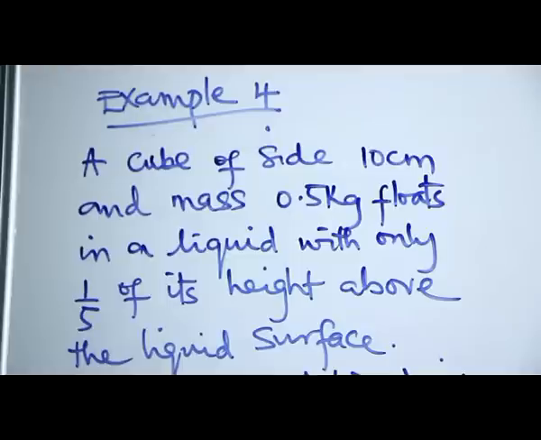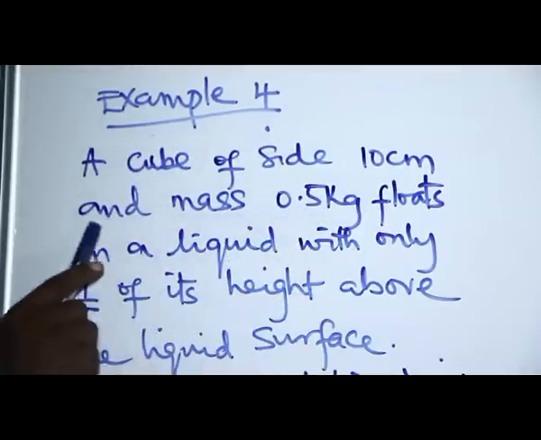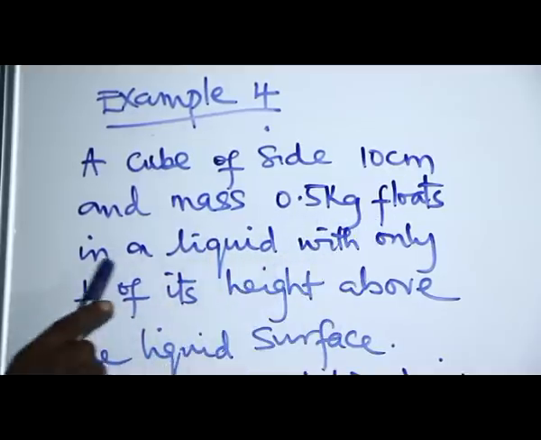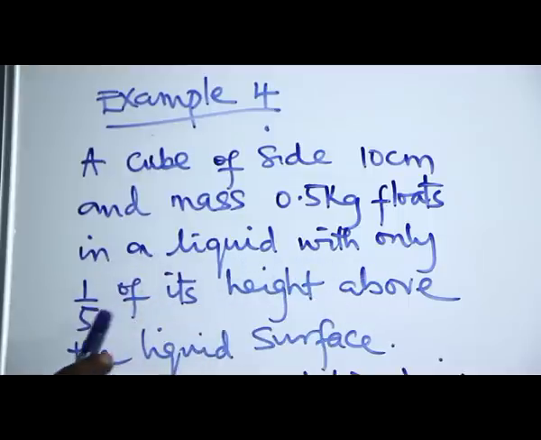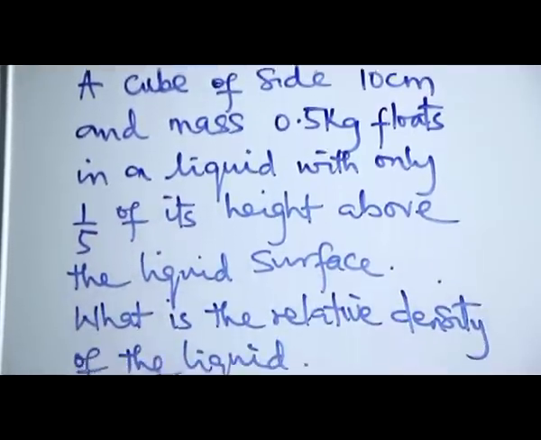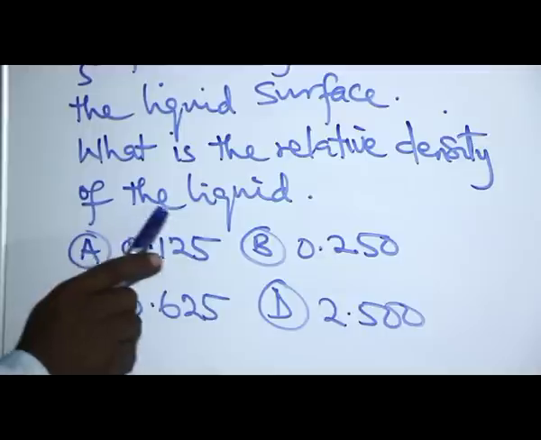Option C is correct. Example 4. A cube of size 10 cm and mass 0.5 kilogram floats in a liquid with only 1/5 of its height above the liquid surface. What is the relative density of the liquid?